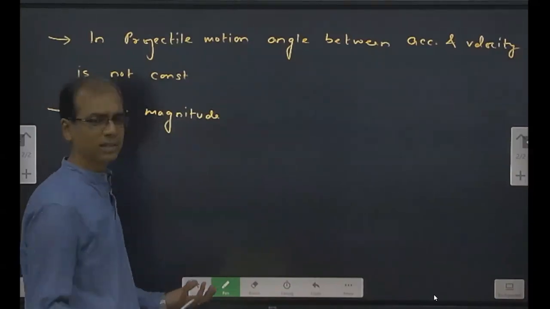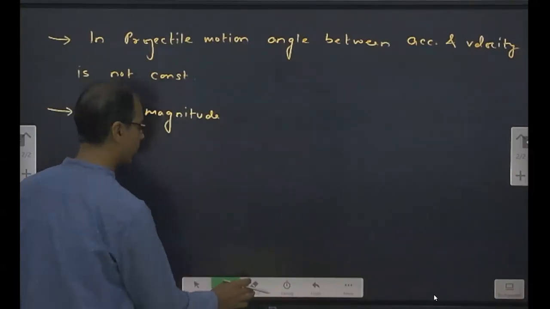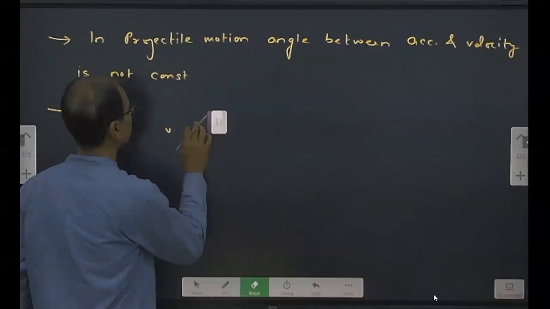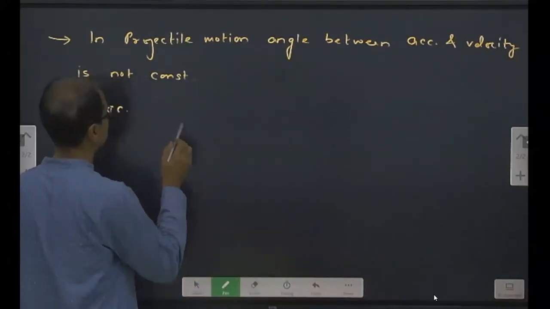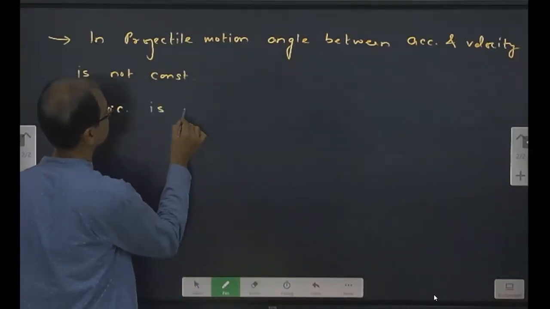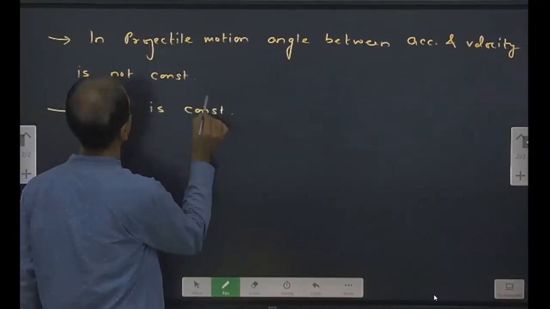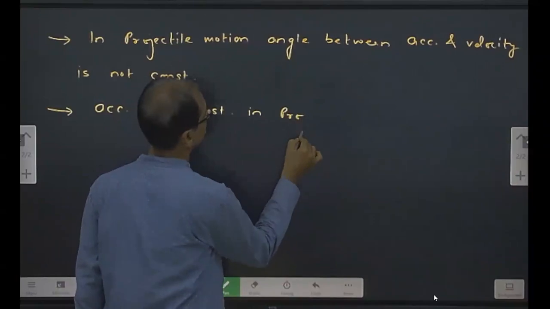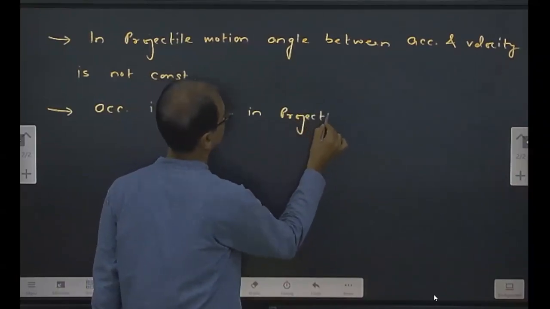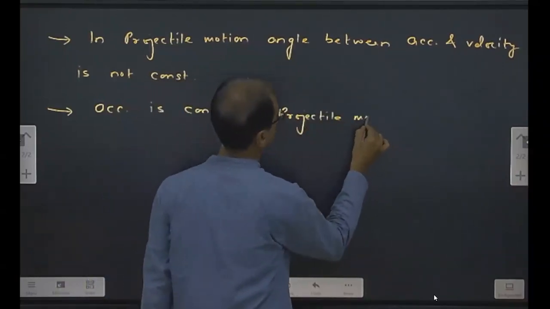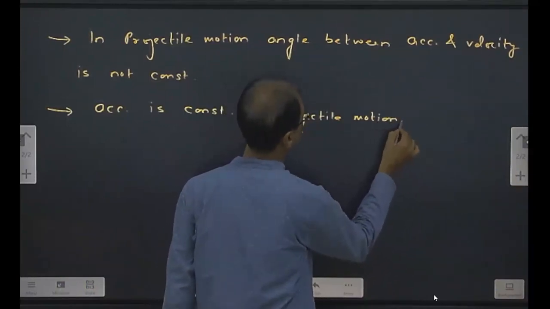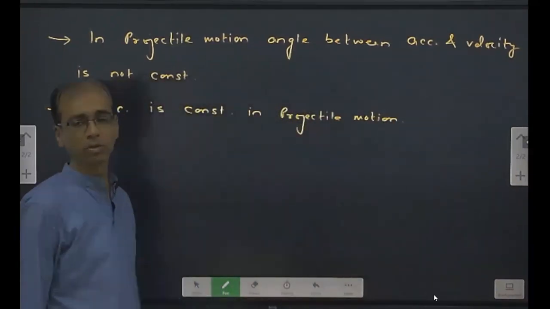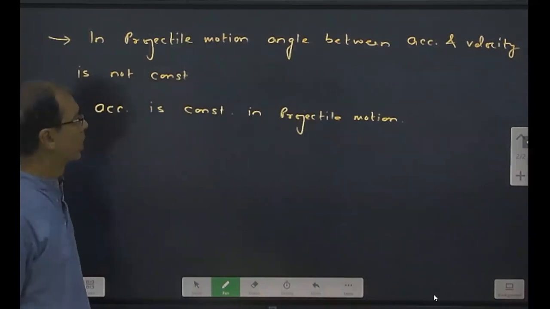So in general, acceleration itself is constant. Don't write magnitude alone. Acceleration is constant in projectile motion.